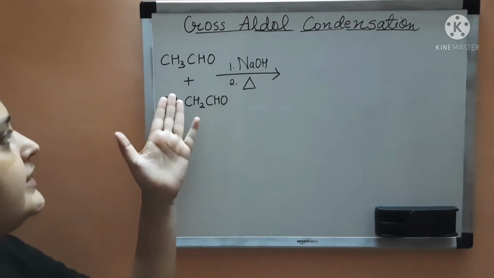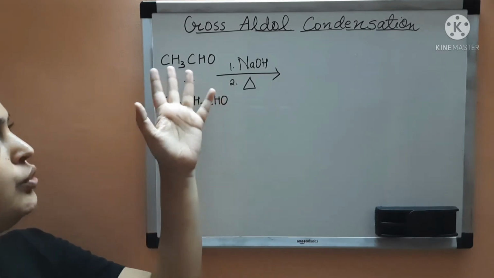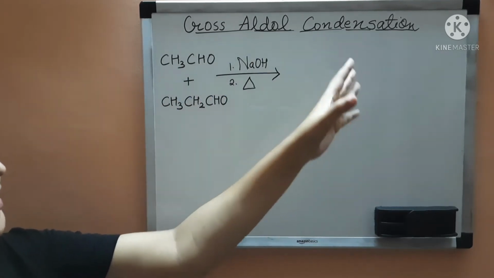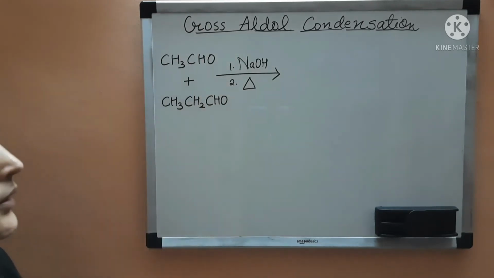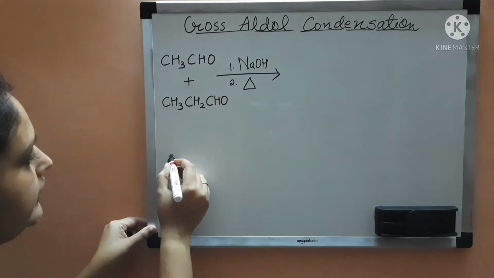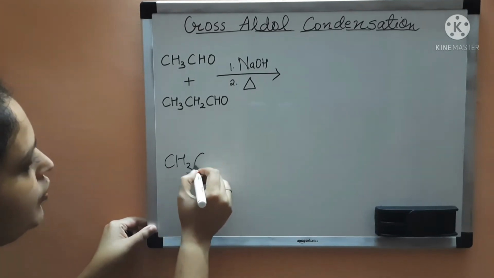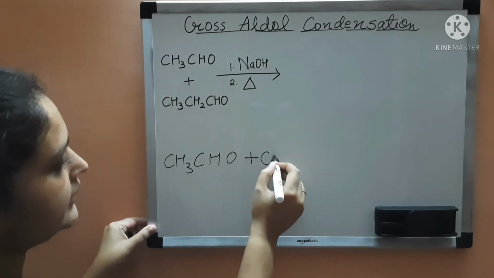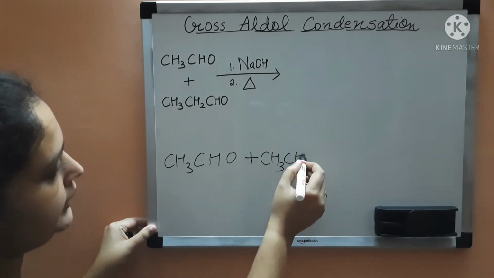First, we will take two molecules of ethanal. The first product will be made from two molecules of ethanal. So I am writing here that when we take two molecules of ethanal, this is one molecule and we are adding another molecule of ethanal to it.